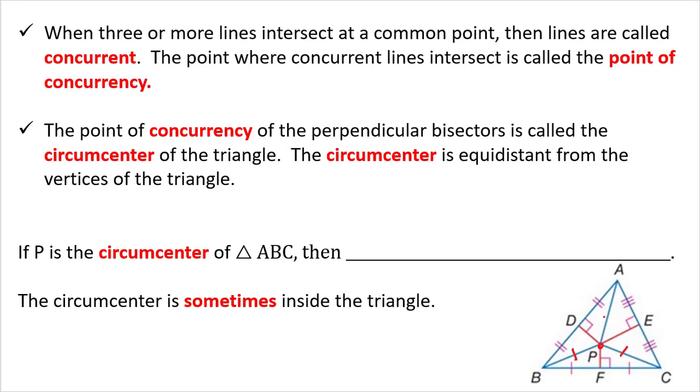So PC is equal to PA. PC is marked with 1. So I marked PA with 1. And PD is the perpendicular bisector. So PA is equal to PB. So then what that means is PA is congruent to BP is congruent to PC. Equidistant from all the sides.